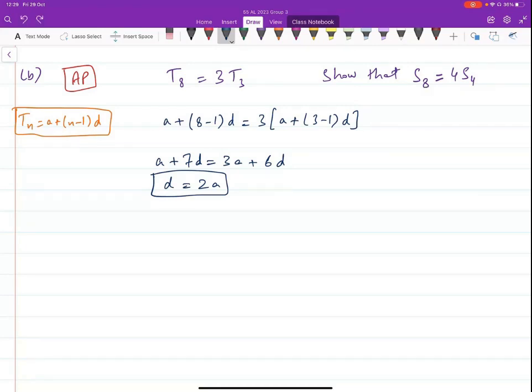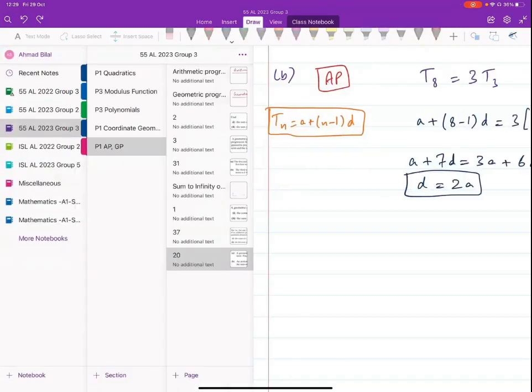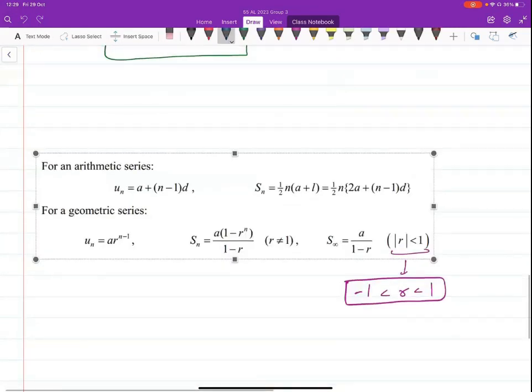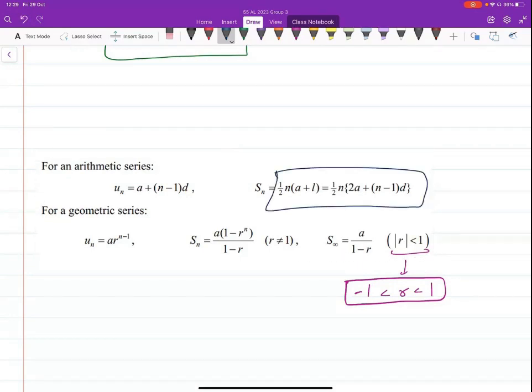Again, this is an arithmetic sequence. We have two formulas for the sum of the AP. Let me show them to you. So you got these two formulas. Which one should we use? Second one, right?